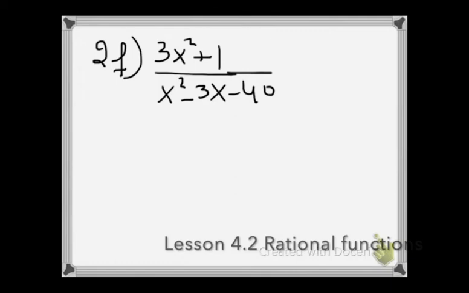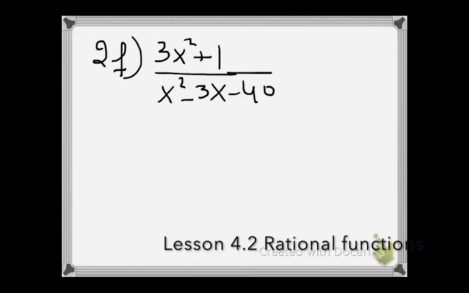We continue with 2f. I have f of x equals 3x squared plus 1 divided by x squared minus 3x minus 40. I need to find the horizontal asymptote. No need to solve the denominator equals 0 because that is the rule of the vertical asymptote.